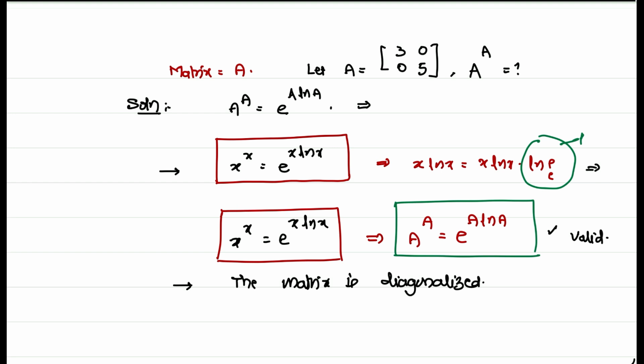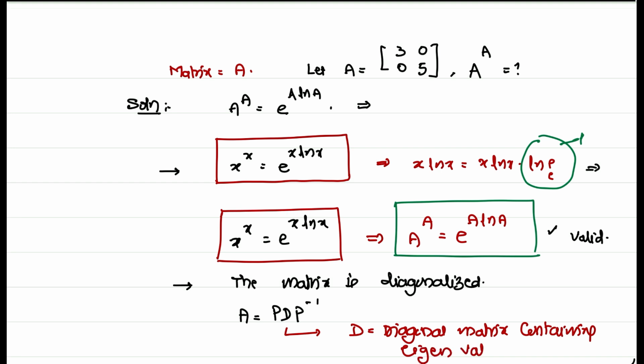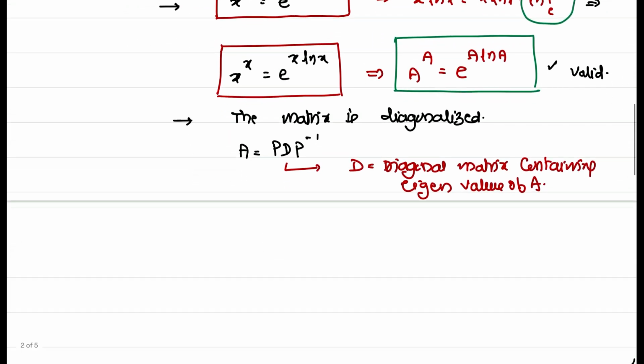For the time being, we will take that a matrix A can be represented as P into D into P inverse, where D is a diagonal matrix containing eigenvalues of A. Okay?